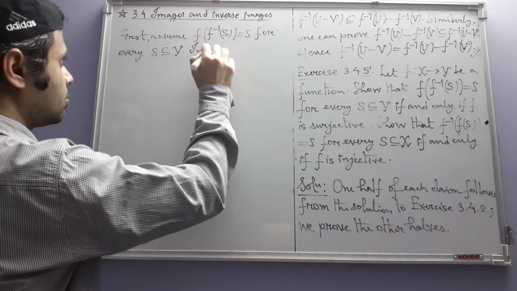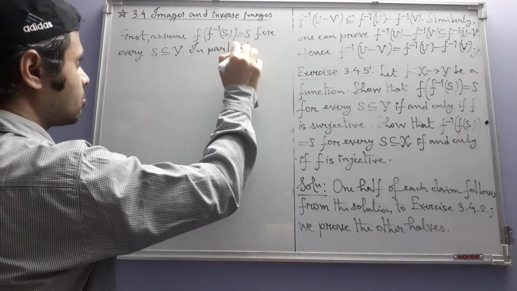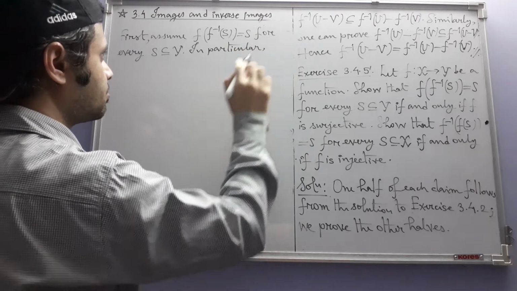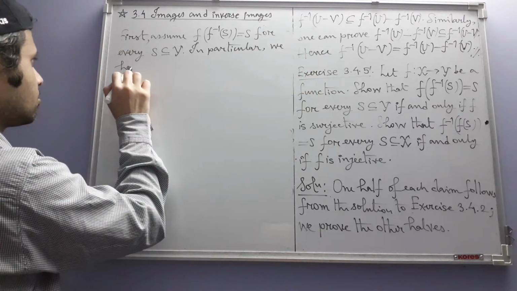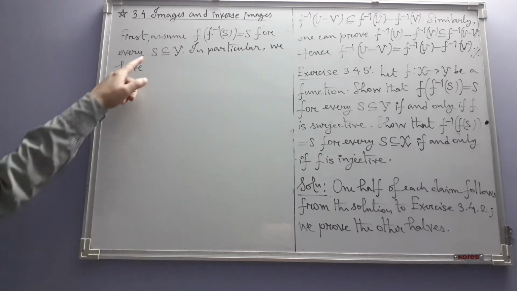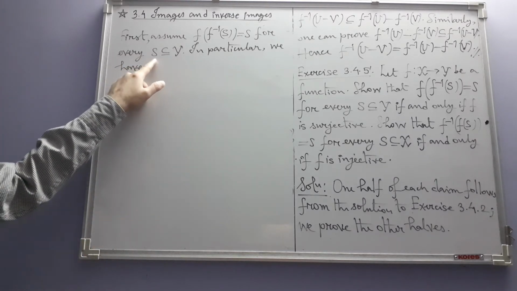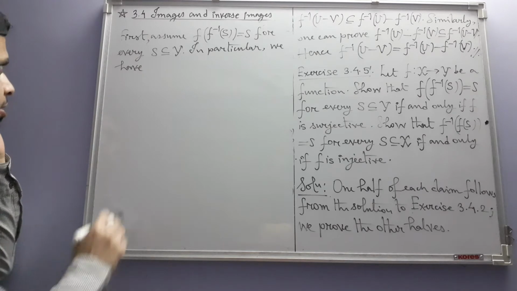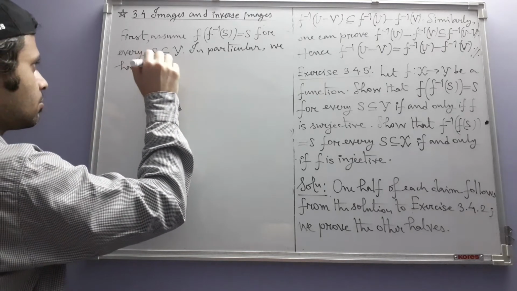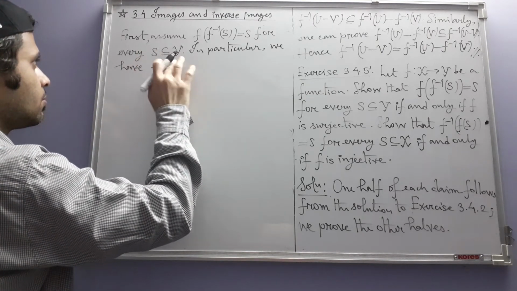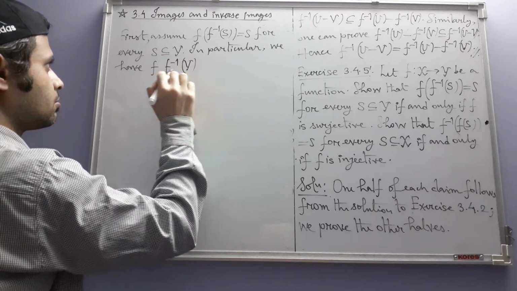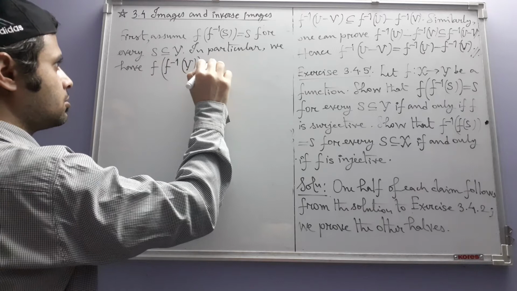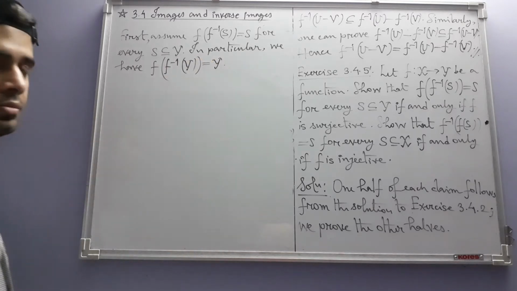In particular, since we can take Y itself in place of S, we get this statement. We have f of f inverse of Y is equal to Y.